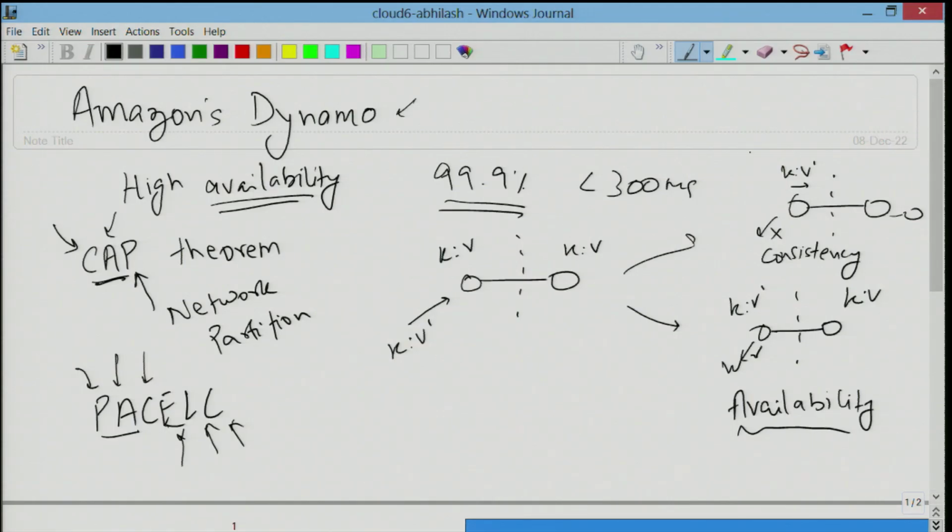In this scenario, this write was rejected because it was not able to form a majority. Availability is saying that don't reject anything. From the point of view of the client, you can always accept reads and writes. Latency is something different. Latency is you want to be quick in responding.